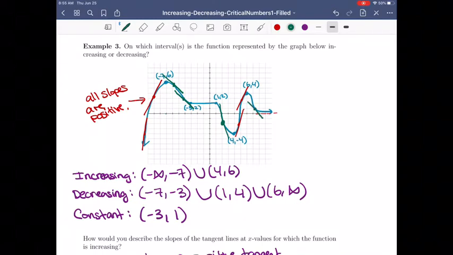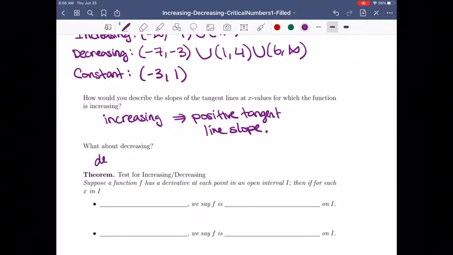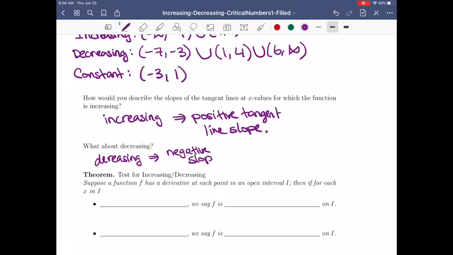They're all slanting down to the right. Okay, so when they were decreasing, we get negative slopes from our tangent lines.